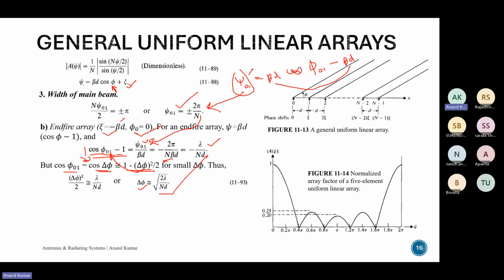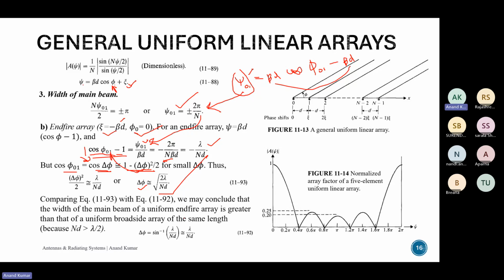So this is the expression for the width of the main beam for an end-fire array. If you compare this with broadside, this is greater. So the width of the main beam for a uniform end-fire array is greater than for a uniform broadside array of the same length.